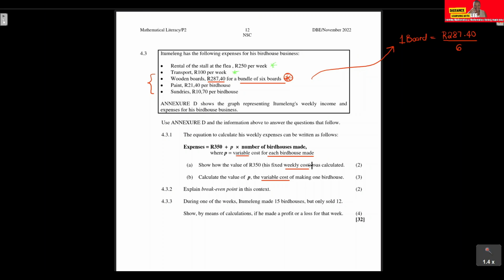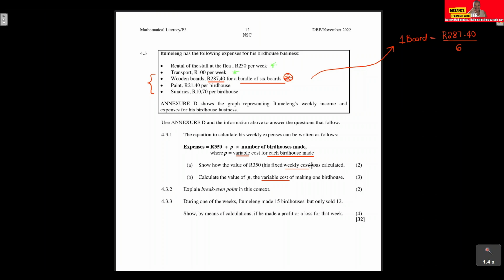Variable costs are costs that change in proportion to what needs to be produced, such as material. Bringing it back into the context of the birdhouse, it will depend on how many birdhouses he wants to produce, and that will determine his variable costs.